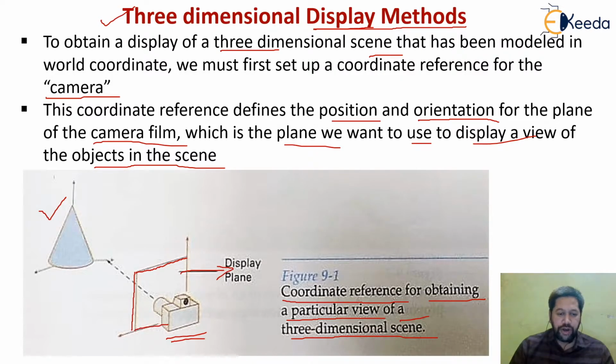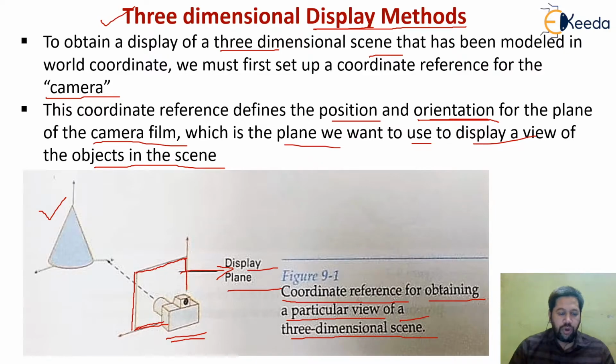This particular rectangle, which I call my window in the world coordinate system, will define the display plane. The three-dimensional display plane is defined, and the camera gives me the position as well as the orientation of the plane.